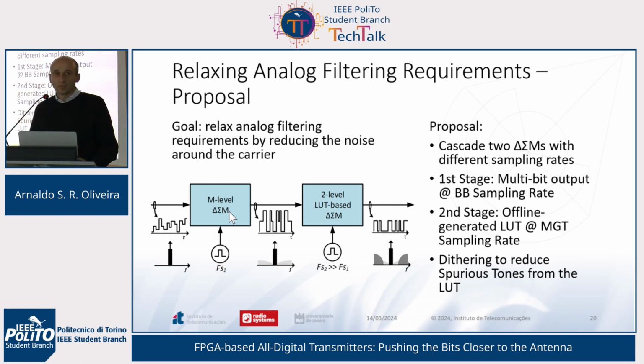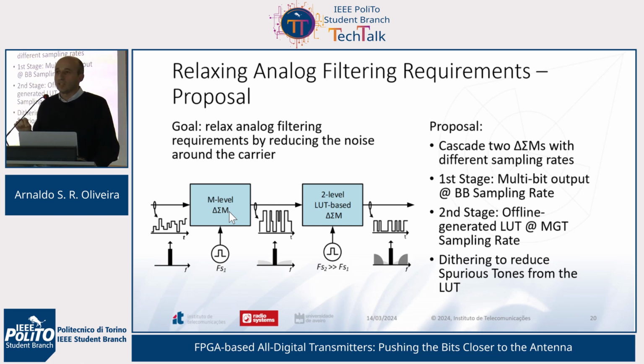So the first stage is a real-time delta sigma that operates in real time, but multi-level, with a lower noise around the signal. Then we apply the output of this stage to a two-level delta sigma, but in fact this delta sigma is based on a lookup table. And since it is based on a lookup table, it is in fact an approximation of a delta sigma.